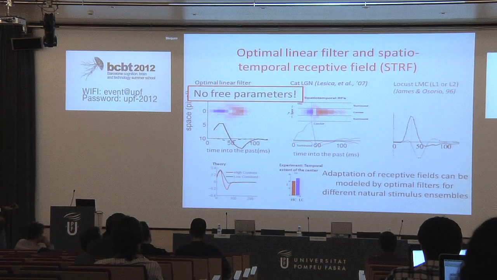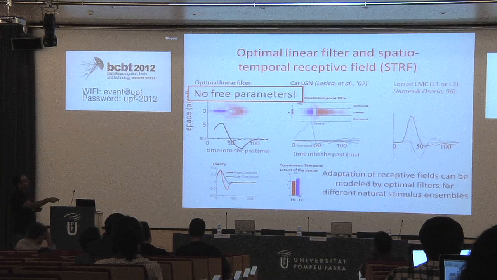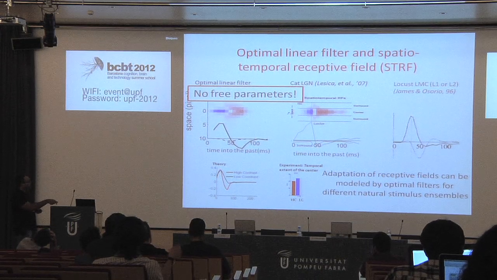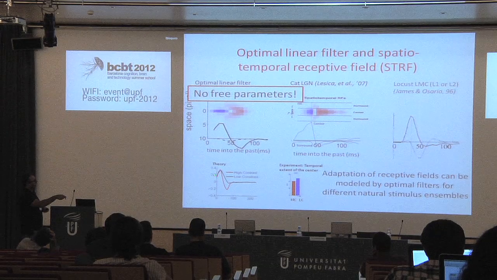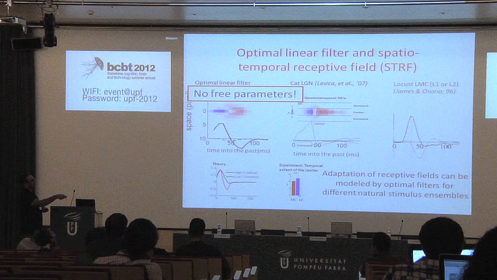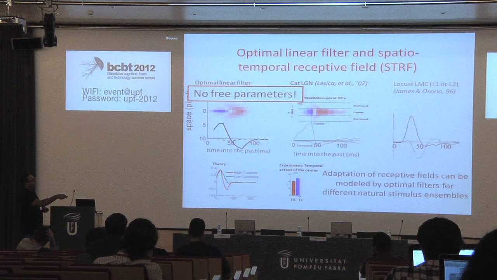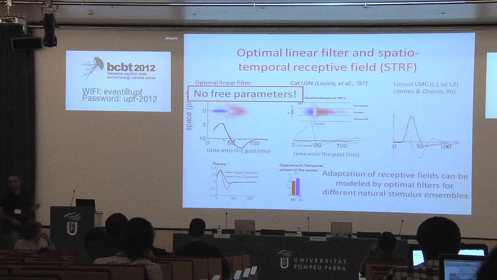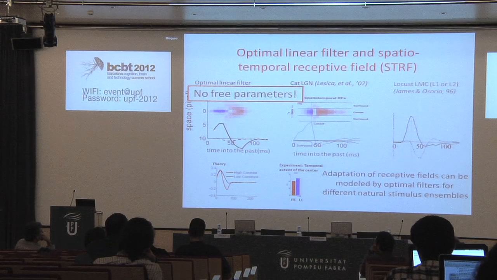But what I can say now is that these people have changed the contrast of the stimulus just like was done in fly, and they saw that the response of the center gets longer and slower at low contrast. That's what they saw, that the response was longer. And this is the prediction of the predictive coding theory in the form that I described.